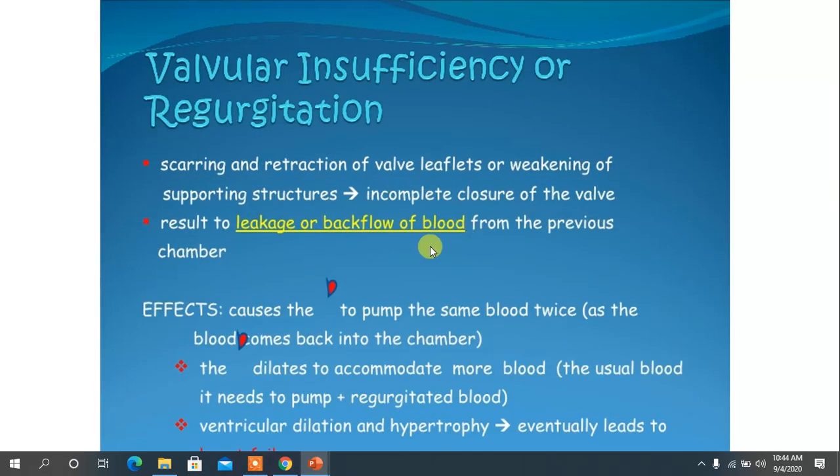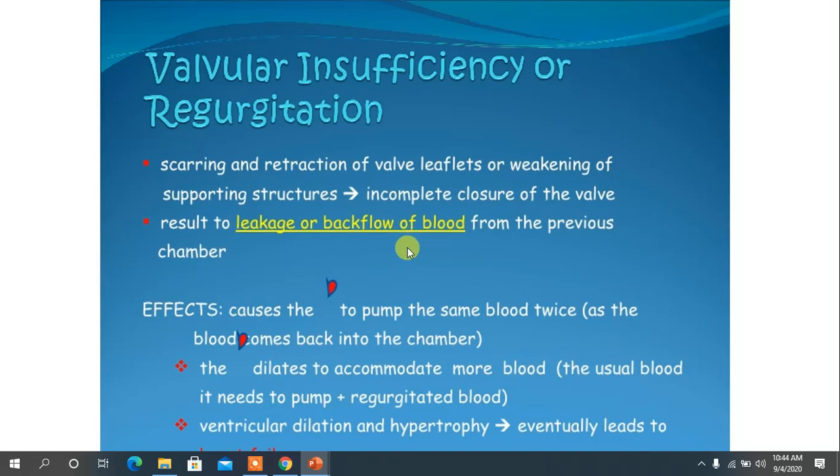When there is regurgitation, there is scarring or retraction of the valve leaflets, or weakening of the supporting structures, the chordae tendineae and the papillary muscles. The chordae tendineae, which hold the valve, may be damaged, and that will lead to leakage, the backflow of blood.